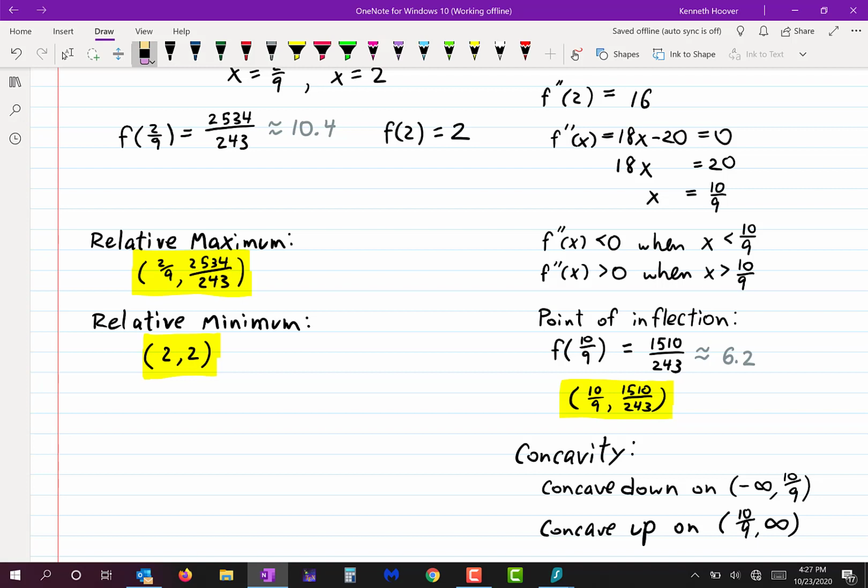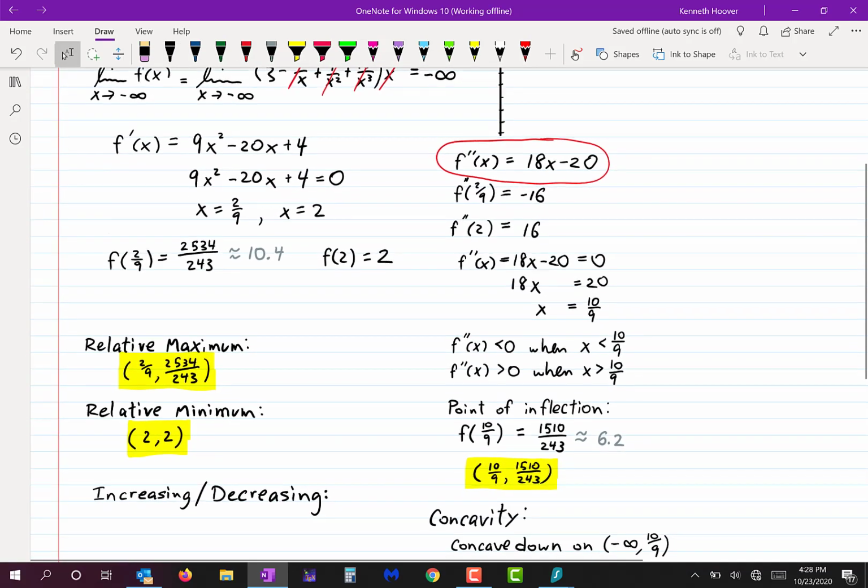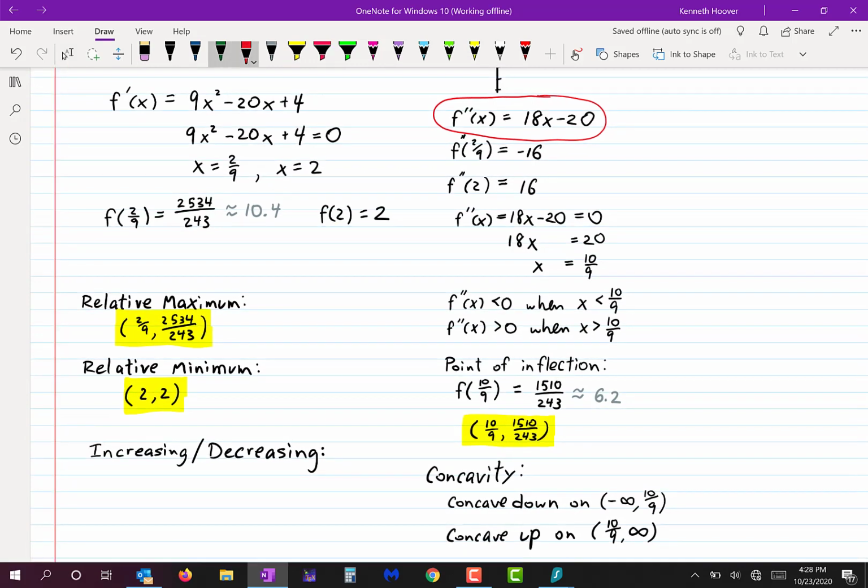Now one more thing. Let's figure out increasing and decreasing. This is not going to take much work at all. That requires the first derivative, which is right there.